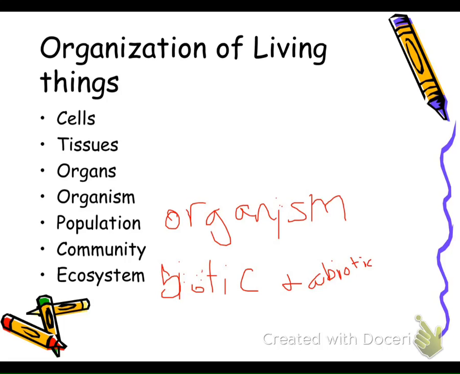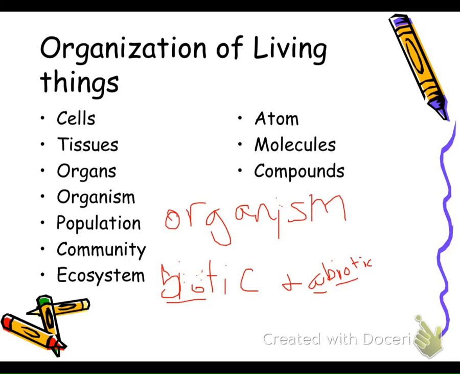That means the living, bio right here, and then the A meaning not living. So all those in the community that are living organisms, as well as those that are non-living. And then it starts off over here with the atom, the molecules, and compounds. But we're looking primarily at biology. This is the side we're going to look at over here: the cells, the tissues, the organs, and down from there.